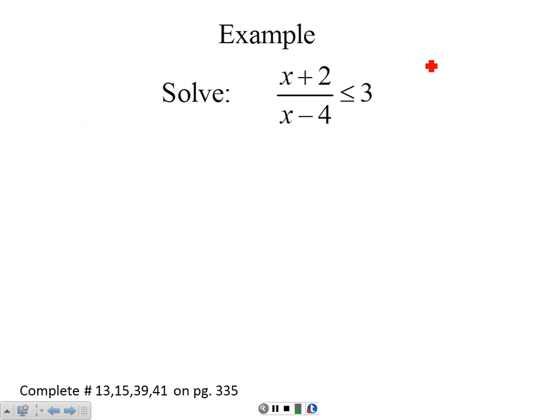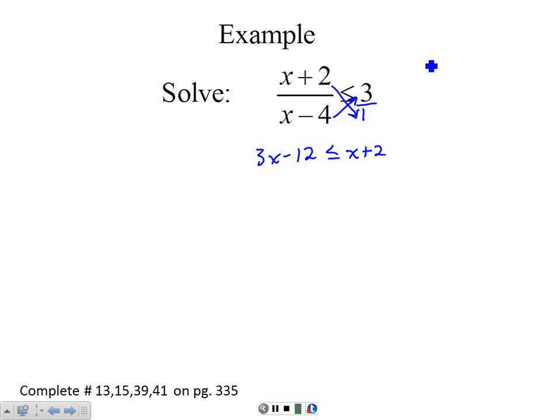Alright, so let's try this one. On this one, let's see. In order to solve this, we have a proportion here, so let's see if we can cross multiply. So if I go this way, I'm going to have 3x minus 12 less than or equal to x plus 2.